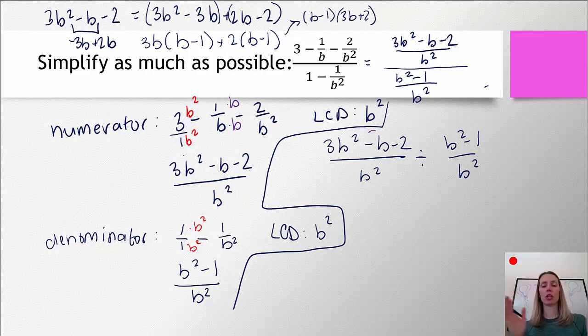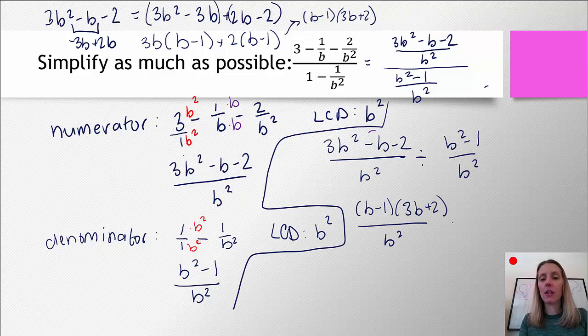Okay, so when I go to do this reciprocal, I'm just going to write that over here due to the lack of space, since I took up so much room over there. We have b minus 1 times 3b plus 2 divided by b squared, times b squared over b squared minus 1, which is a difference of squares. So we can rewrite it as root minus root times root plus root.